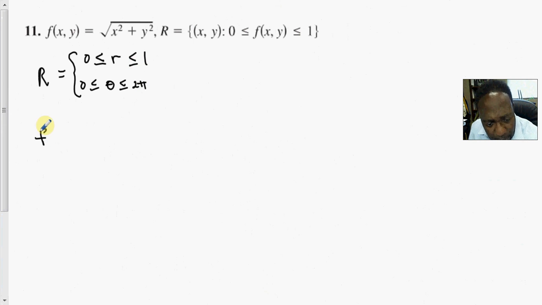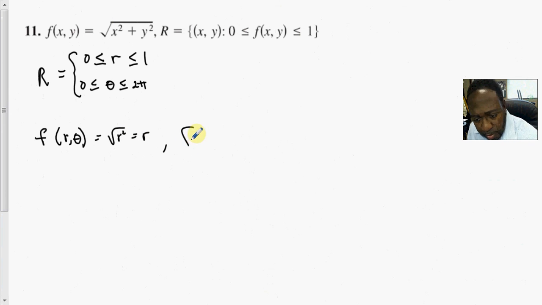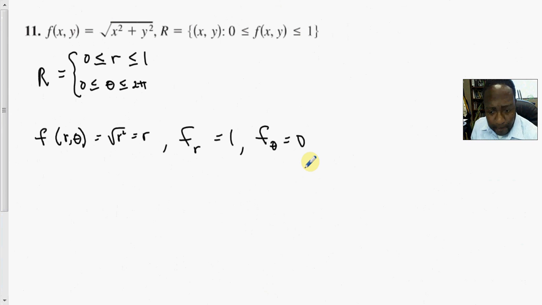Now, since we're converting to polar coordinates or cylindrical coordinates, f has to be redefined in terms of r and theta. And so x squared plus y squared is r squared, so f is just r. So the partial of f with respect to r is just 1. The partial of f with respect to theta, there is no angle, so it's 0. There's no angle in this formula.